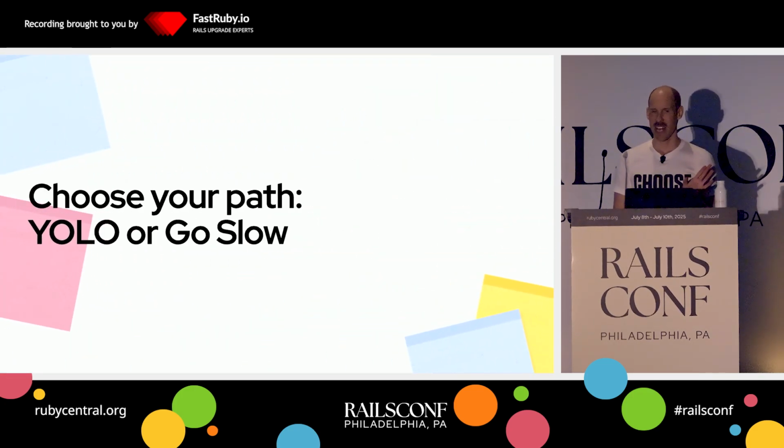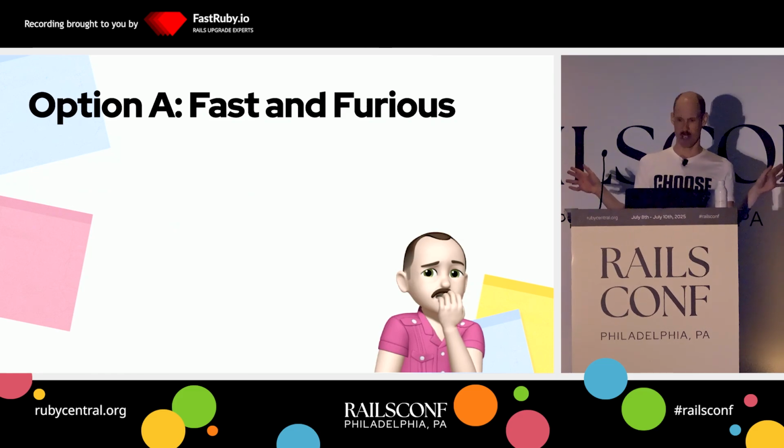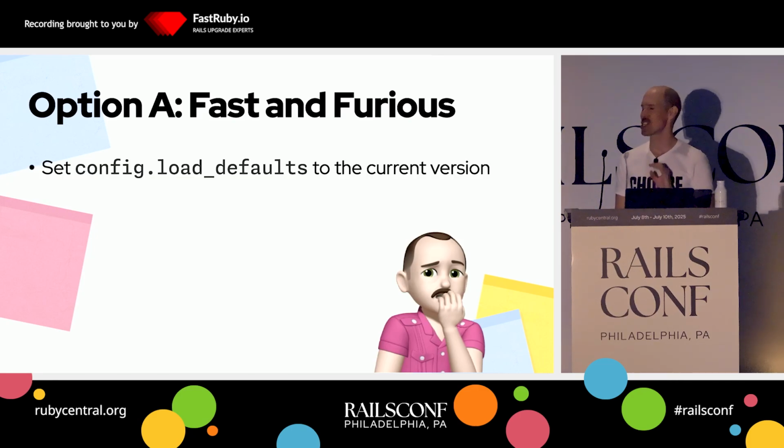Now that we've done all of that, we get to pick our path. We've got two options. We can go fast and we can go slow. And I bet you can guess which one I'm going to suggest. And it's not this one. But maybe you're feeling lucky, so great, let's go. Fast and furious. If you want to just go for broke, and maybe it's a brand new version of Rails that you didn't do anything to and you're upgrading, I don't know.